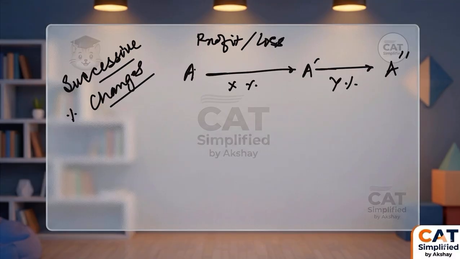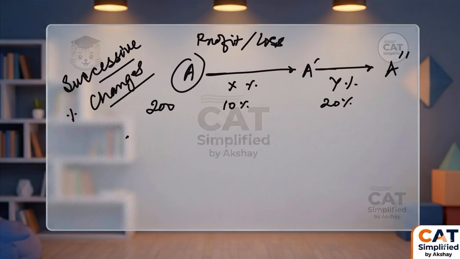You're given the initial price of A. Let's say it was given as 200 rupees. And you're given the value of X, which is 10%, and the value of Y, which is 20%. You're asked to calculate A double dash. Now there are two ways to solve it.